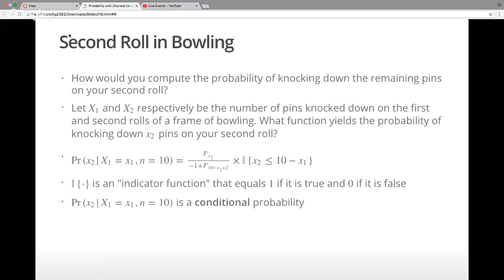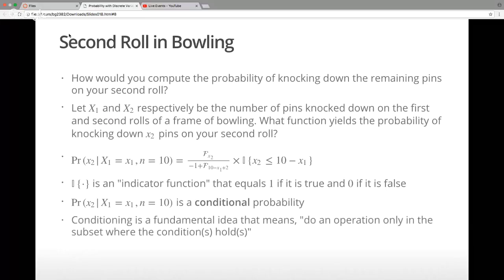Really, the essence of doing quantitative modeling at a high level of rigor is manipulating and utilizing these conditional probability expressions, functions, particularly for the case where you're given data and you want the probability of something that hasn't happened yet. So we're thinking between the 2 rolls of a bowling.